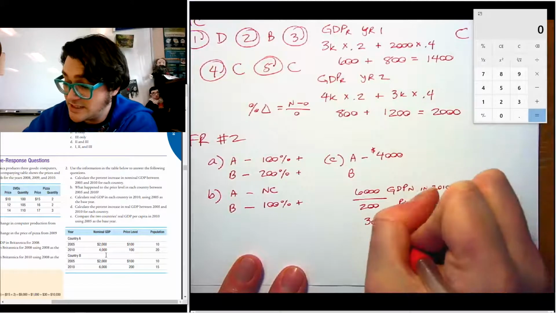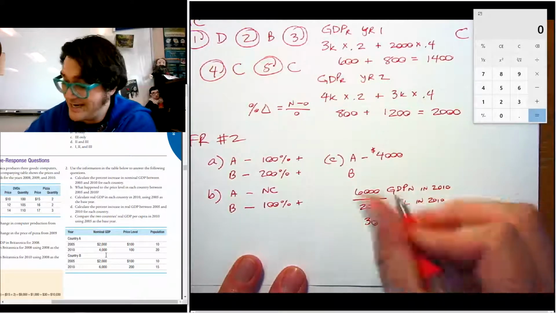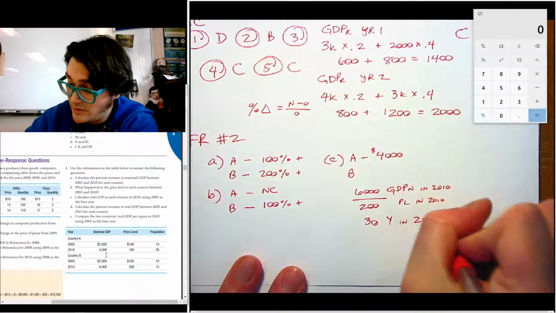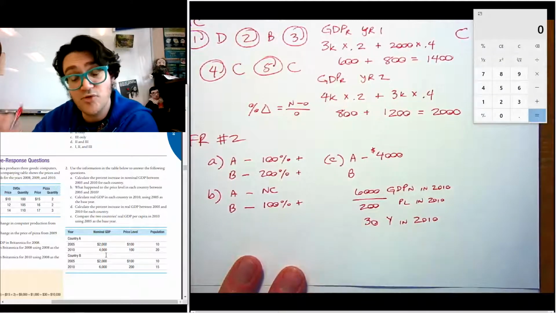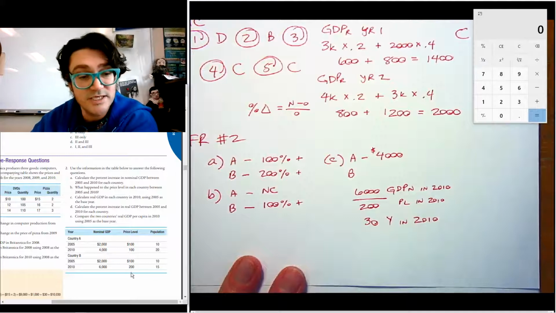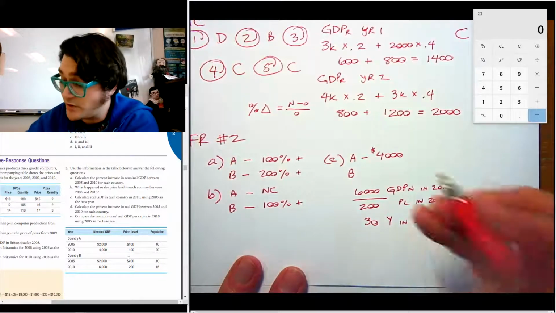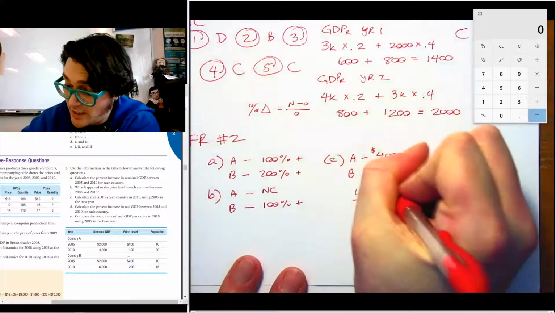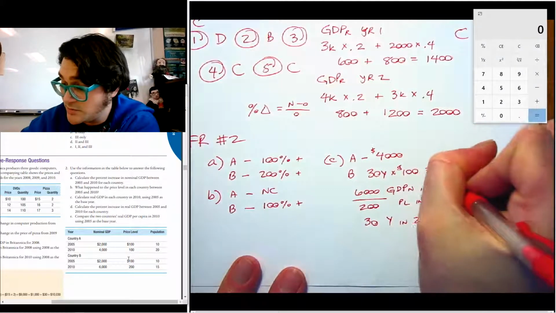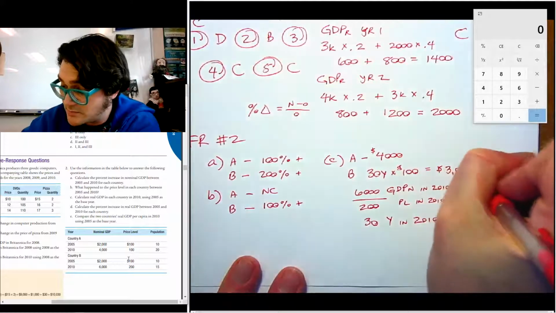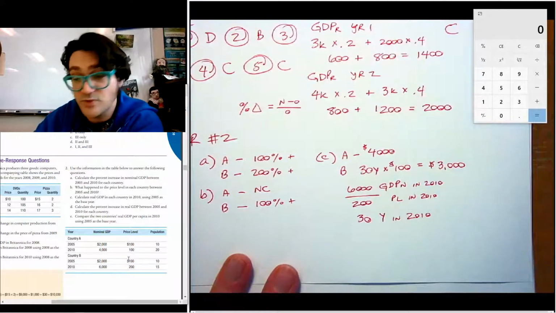This is the output, and I'm going to call it Y in 2010. Now we multiply the 30 units of Y times the price in the original year, which is given to us as 100. So 30Y times $100 is equal to $3,000. So that's how we figure out the real GDP in 2010.